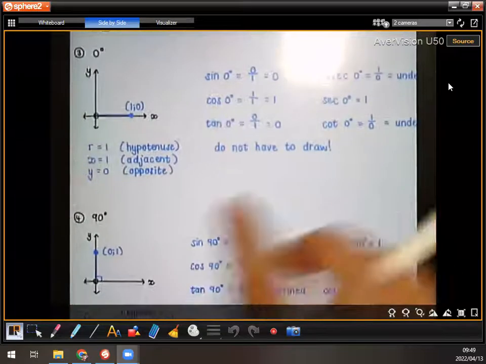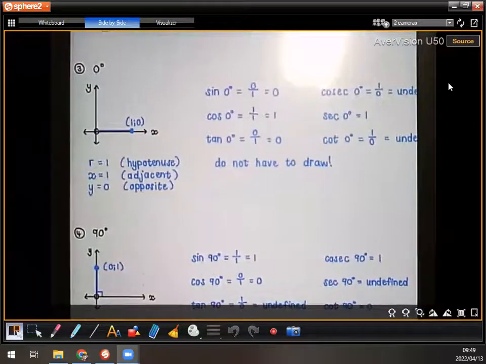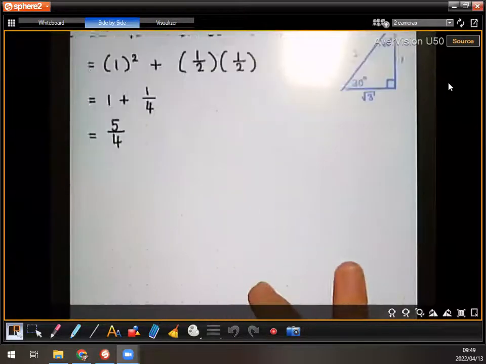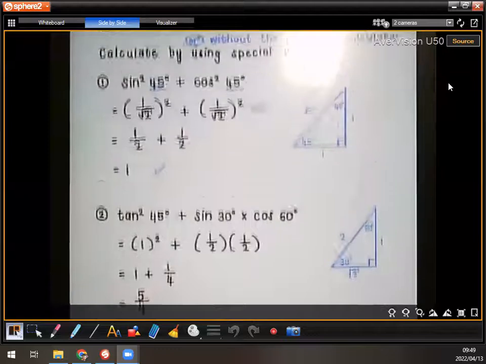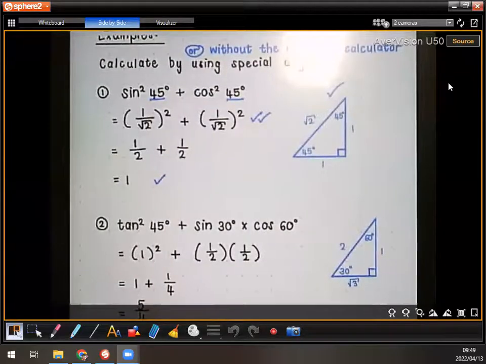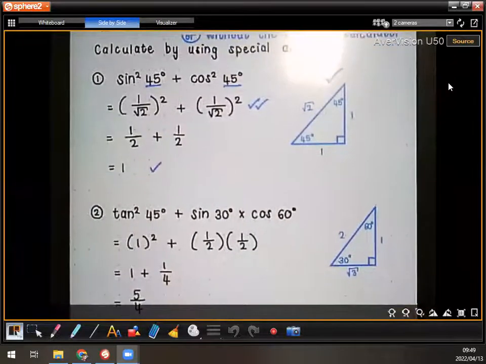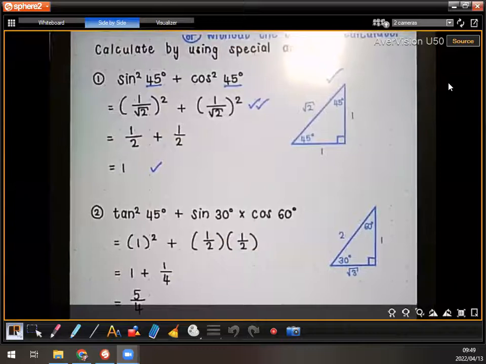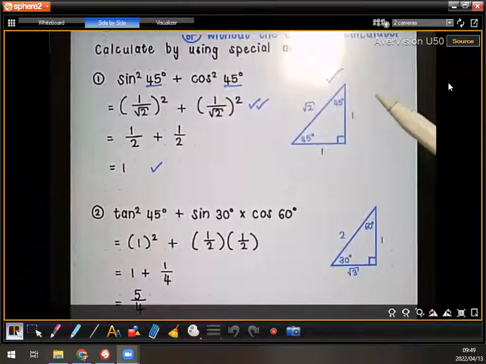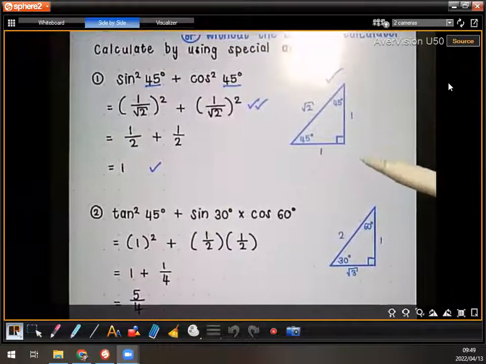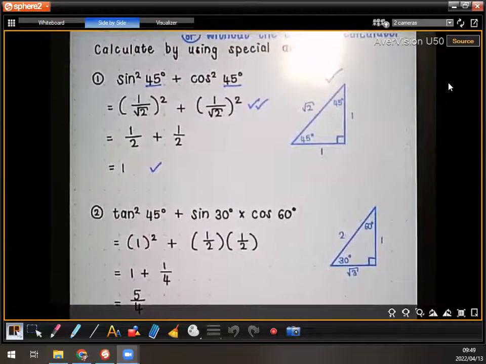So no one's going to know if you actually just use the calculator. But I'm not supposed to say that. You can check it on the calculator and then write it down if you want to do that. For 0 and 90, you don't have to show any proof that you're not using the calculator, so no one's going to know. Yes, no?